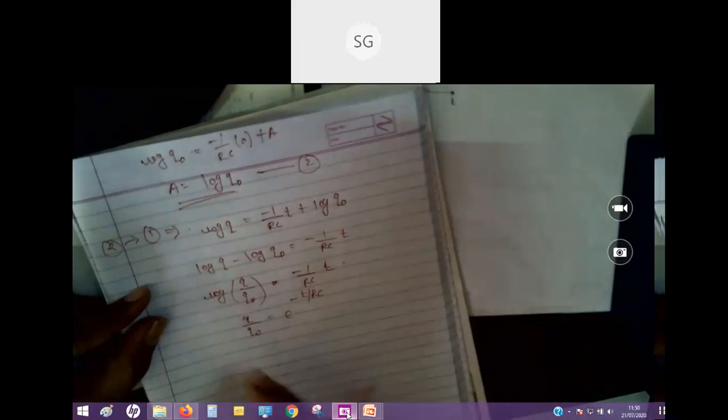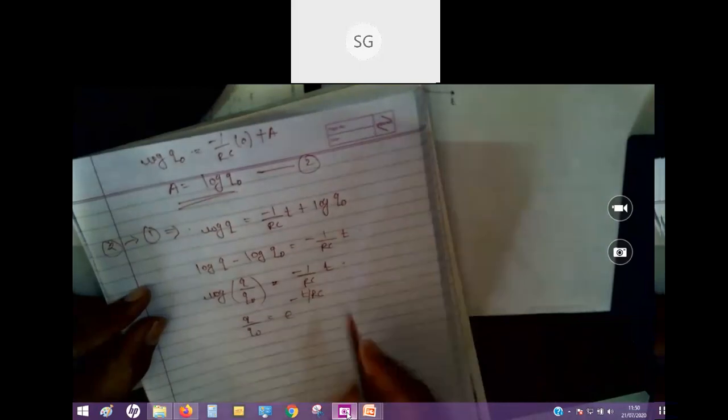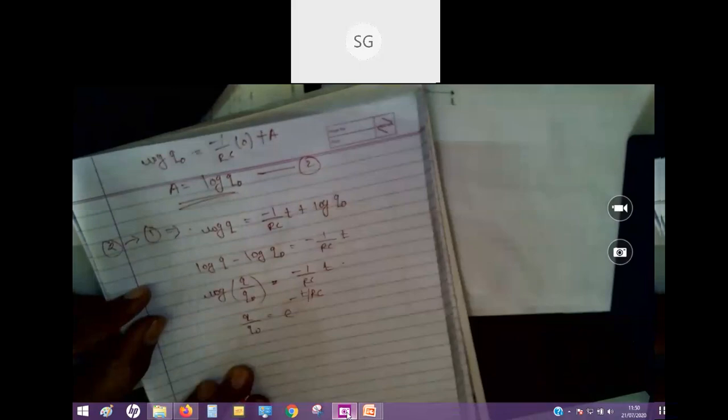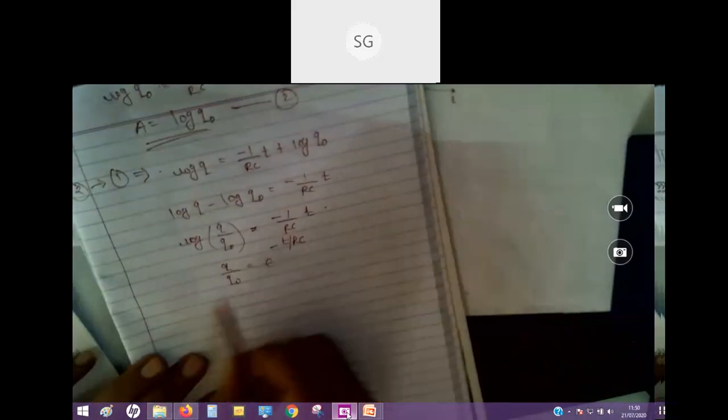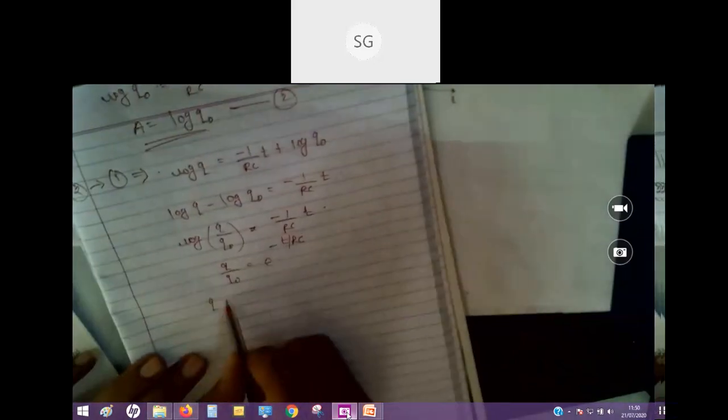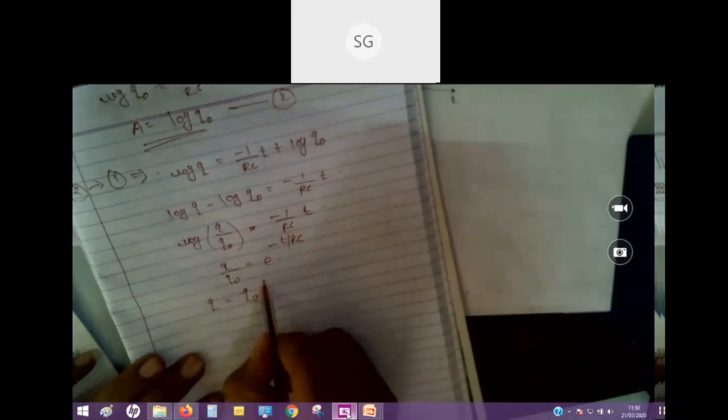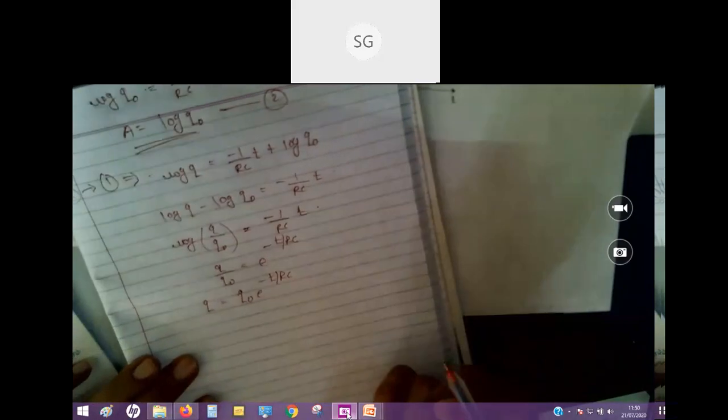Why are we doing this? Because somewhere we have to put whatever we want to prove, and this term e raised to is there. That's why I am doing this. So q upon q naught equal to e raised to minus t by RC, in other words q equals q naught e raised to minus t upon RC.